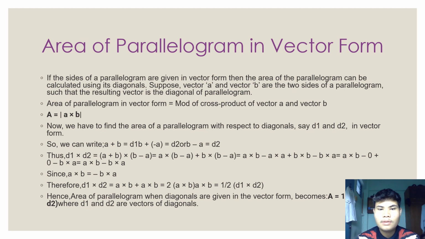So A times B equals 1/2 (D1 times D2). Hence, the area of a parallelogram when diagonals are given in vector form becomes A equals 1/2 (D1 times D2), where D1 and D2 are the vectors of the diagonals.